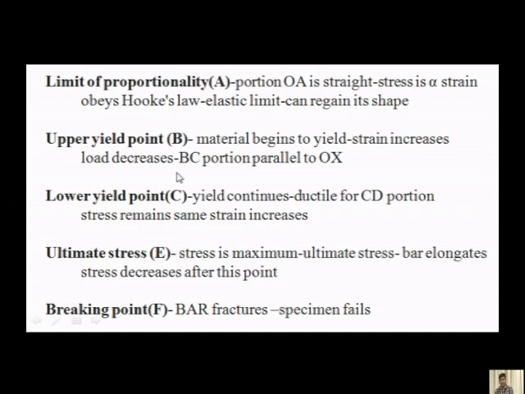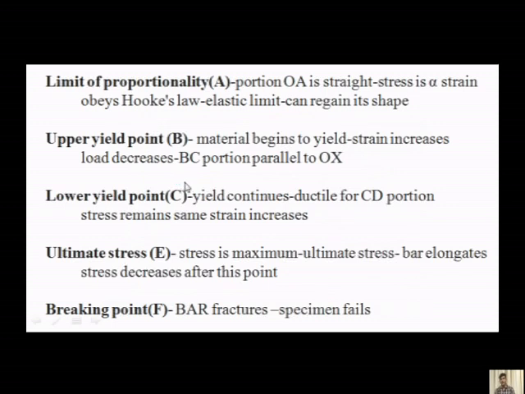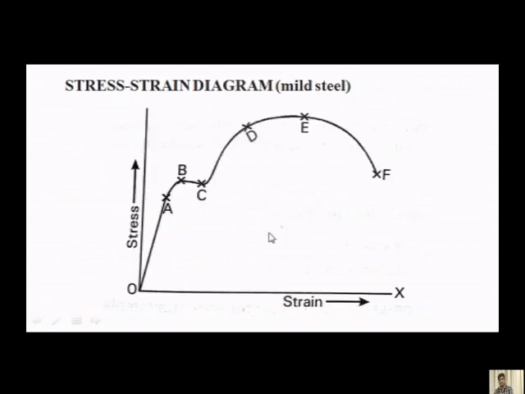You can see the graphical representation. At this point, the metal starts yielding, and strain increases, load decreases. Load means stress decreases, and the BC portion is almost parallel to the line OX. OX means the horizontal line OX.